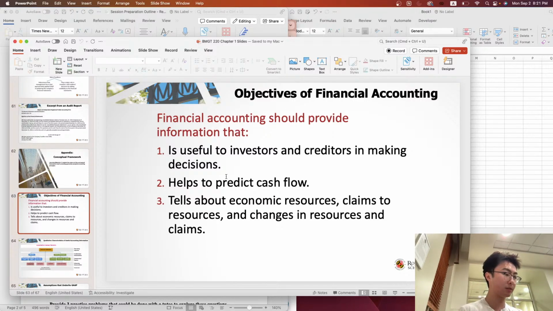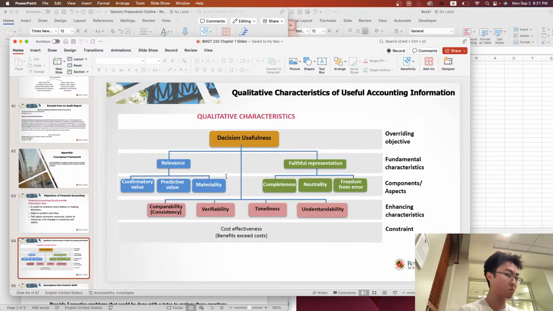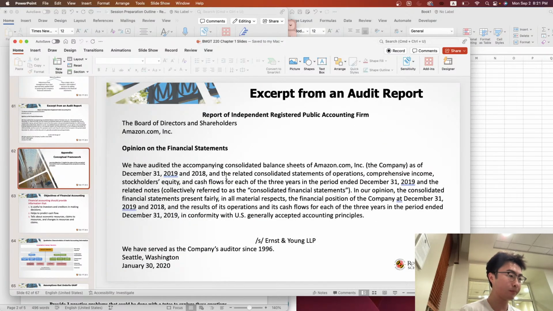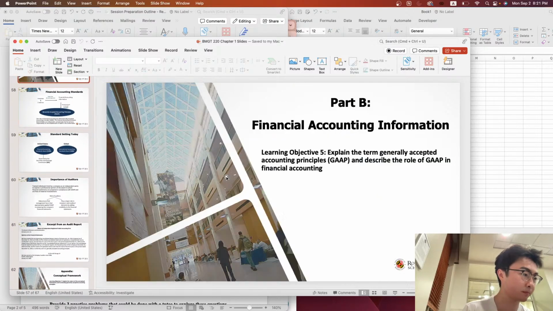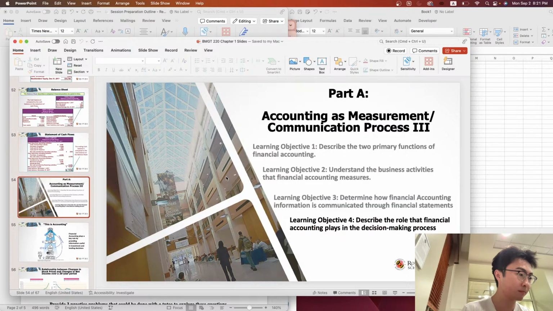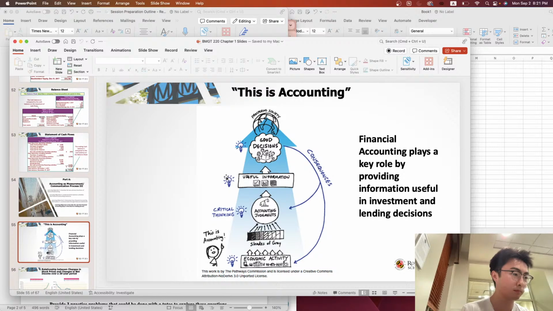Investments and lending decisions. So economic activity shapes accounting judgments useful for consequences.